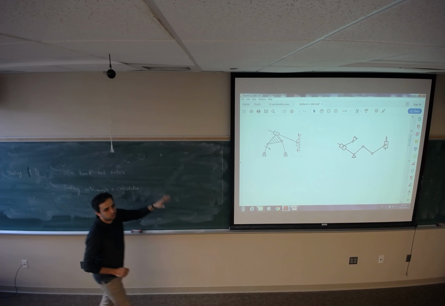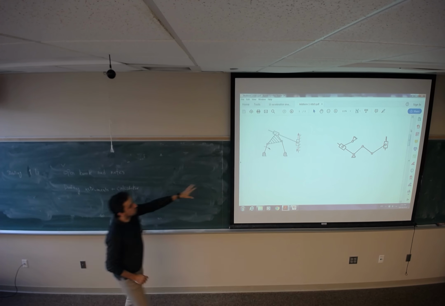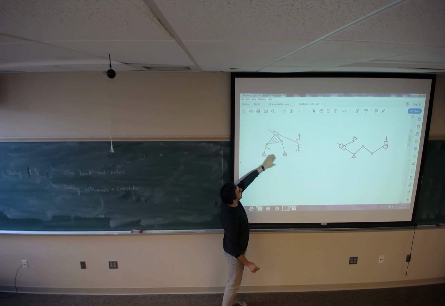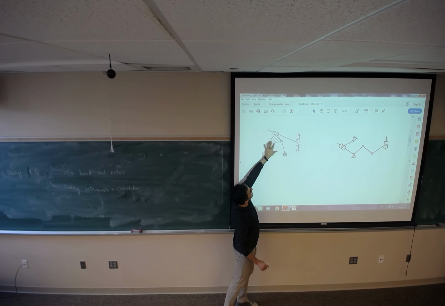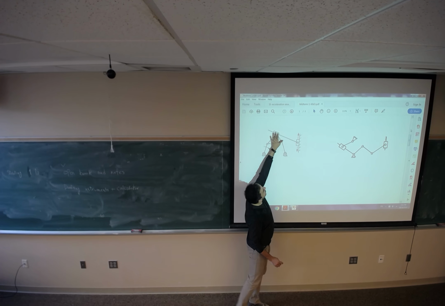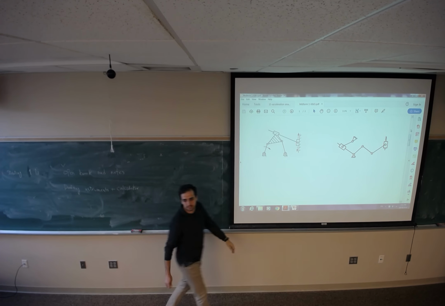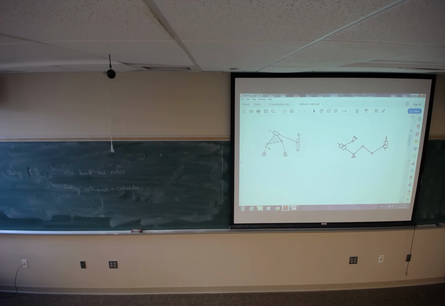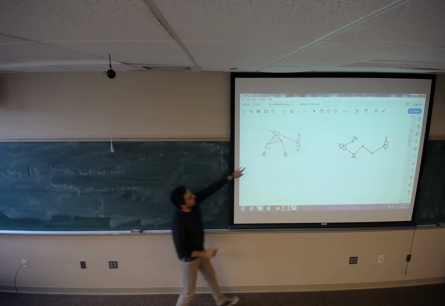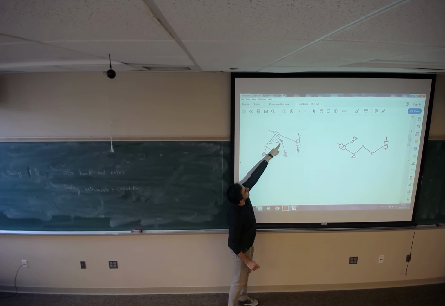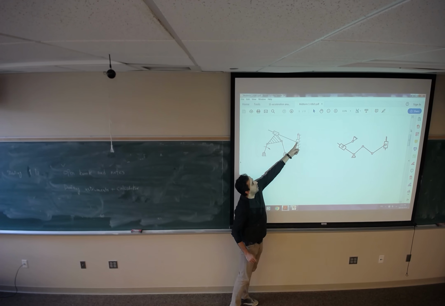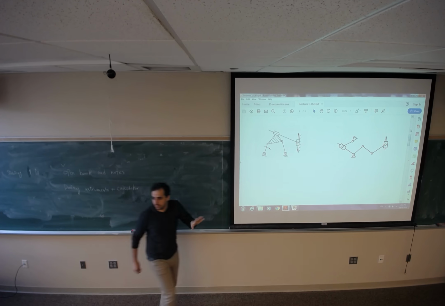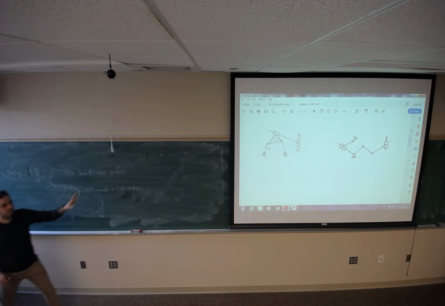So count it once. So 1 is ground, 2, 3, 4, 5, and 6. 6 links. How many joints? 1, 2, 3, 4, 5, 1 pin, 6, and 1 slider, 7. It's still 1 degree of freedom.